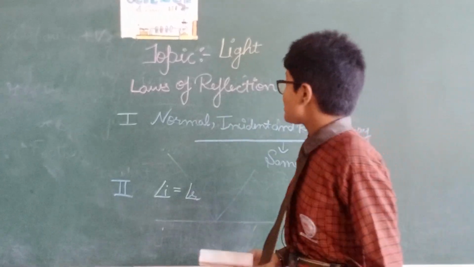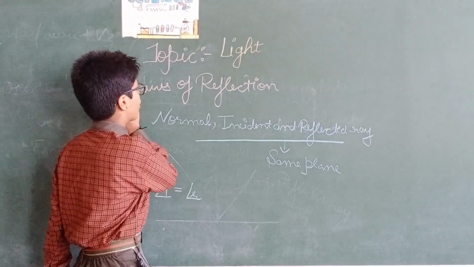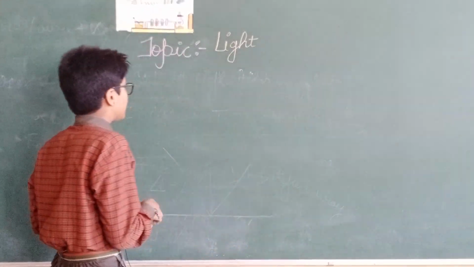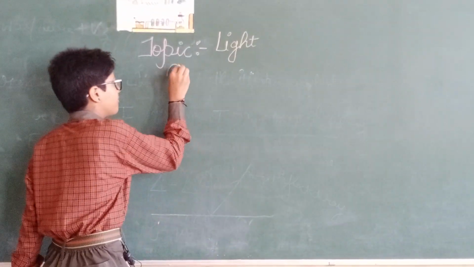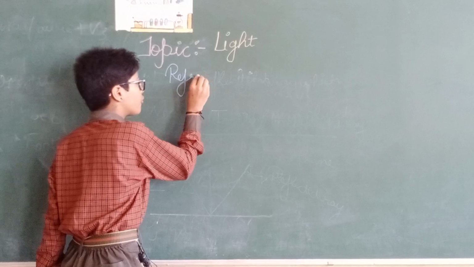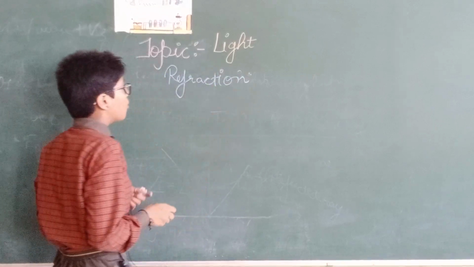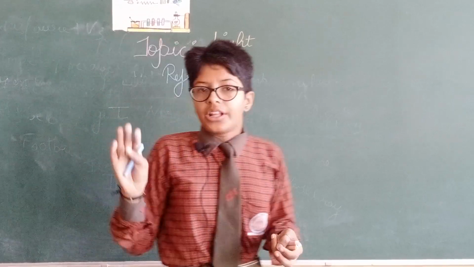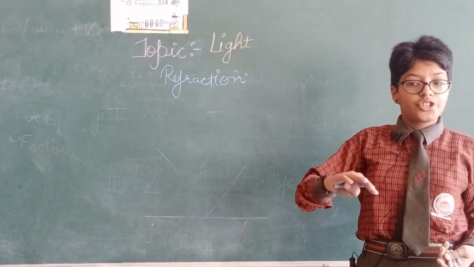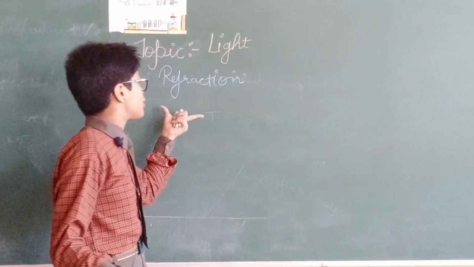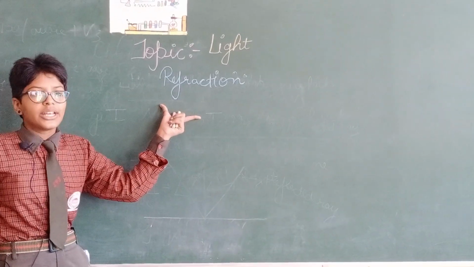Now, the last topic is refraction of light. What is refraction? Refraction means the change in medium of light. When the medium of light changes, that phenomenon is known as refraction.